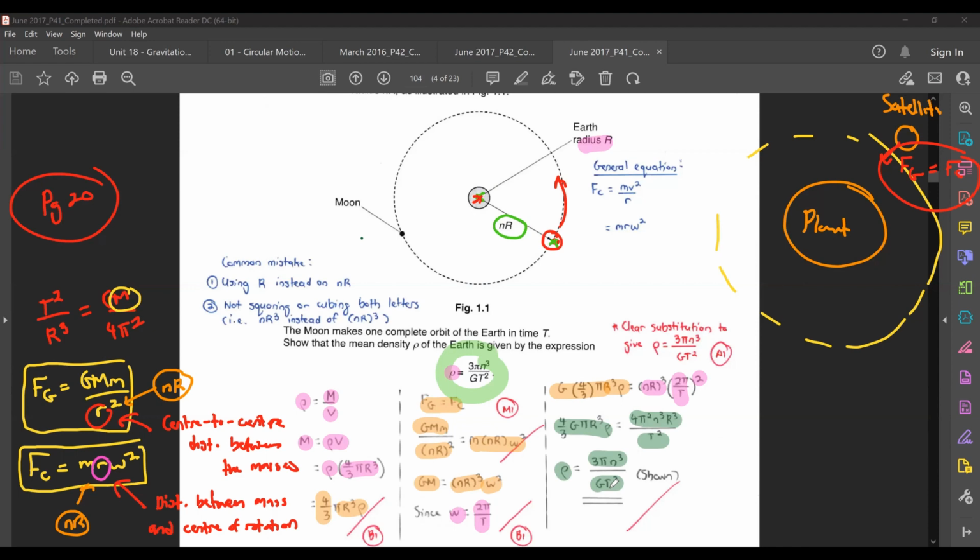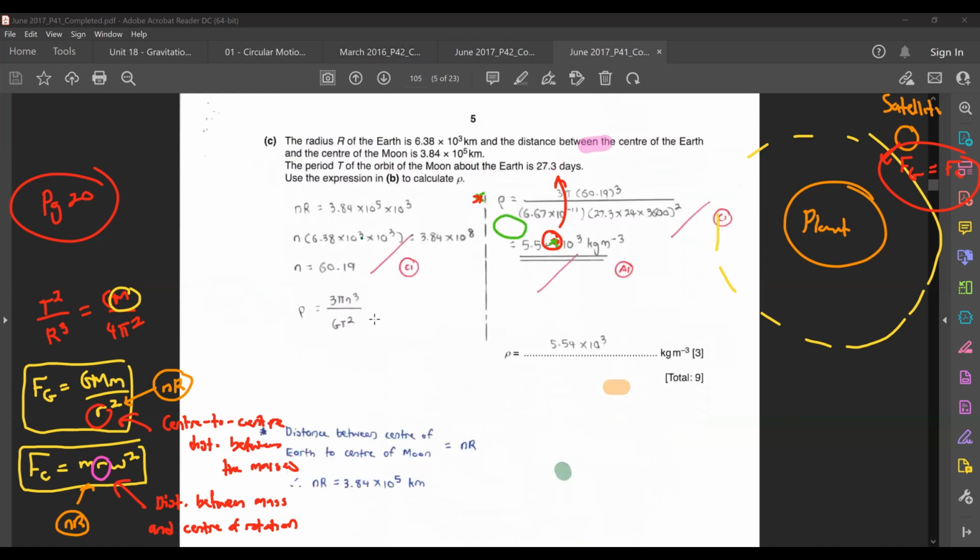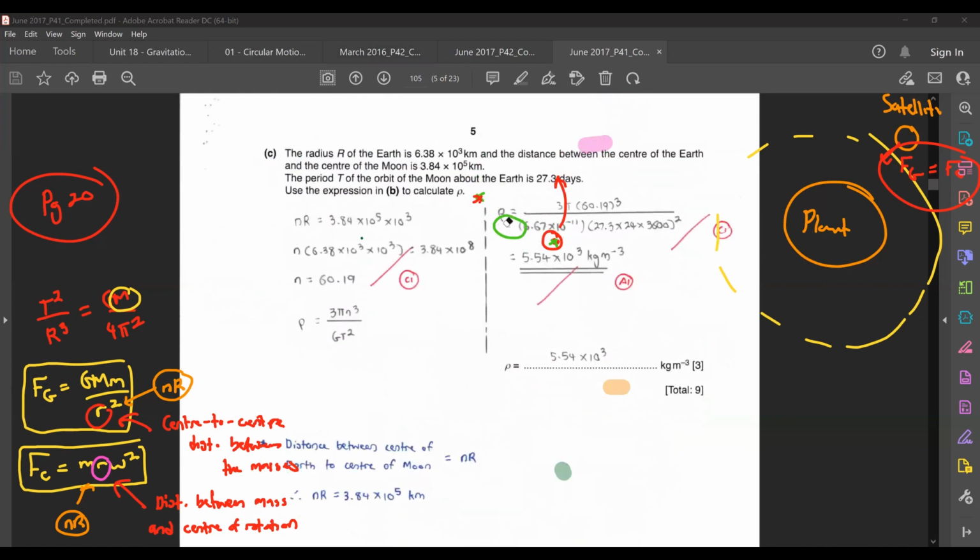This is as complicated as it gets when it comes to Kepler's third law. You need to play around with the variables. If you look at the next page, they tell you that the radius R of the Earth is 6.38 times 10 to the power 3 kilometers, and the distance between the center of the Earth and the center of the Moon is 3.84 times 10 to the power 5 kilometers.